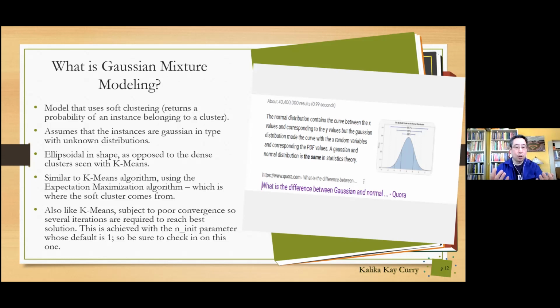But in this case, we don't actually have labels saying whether any given training data came from distribution 1, 2, or 3. That's what the Gaussian mixture model has to sort of infer.